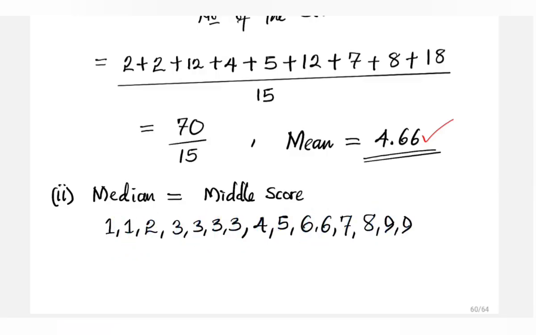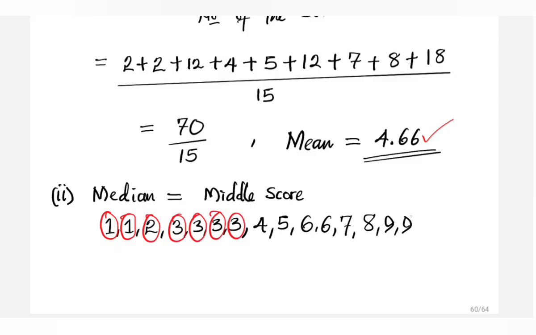We have 15 scores, and the middle of 15, if you divide 15 by 2, is 7.5. So we count 7 to the left side, 7 to the right side. There will be a number that stands in between, and that number will be our median. So let's count: 1, 2, 3, 4, 5, 6, 7.